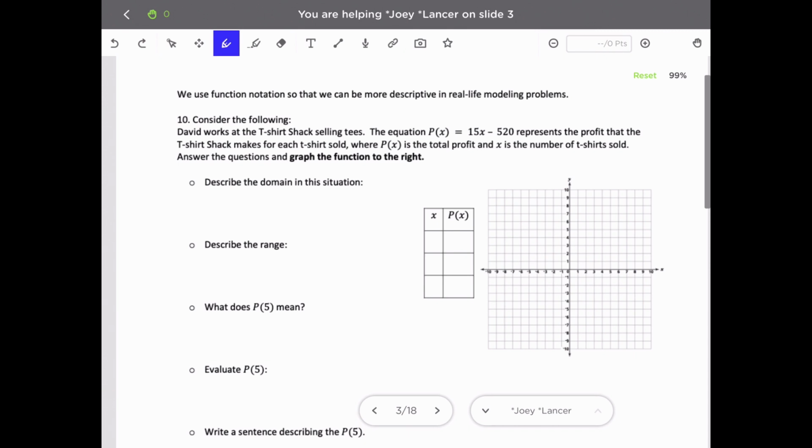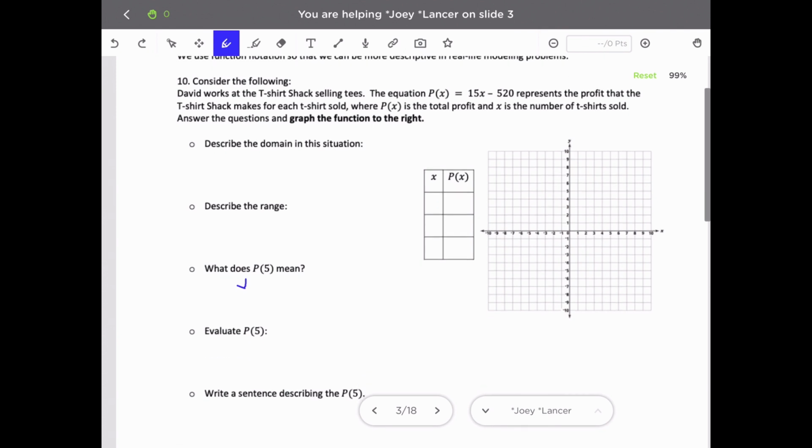So we're trying to figure out the relationship between profit, how much David's making, and how many t-shirts he's selling. So P of x, which is y, is the total profit, and x is the number of t-shirts sold. So that's good to remember.